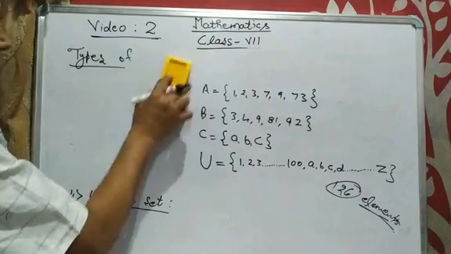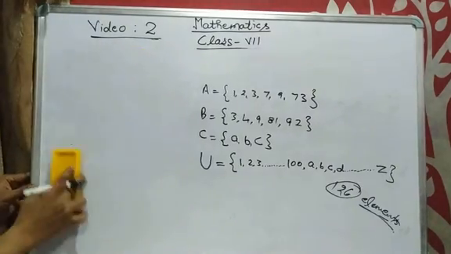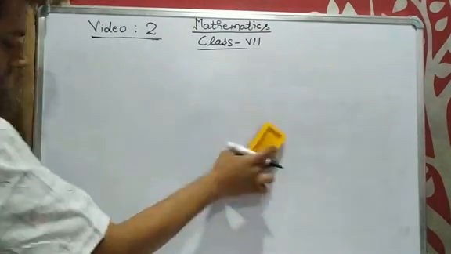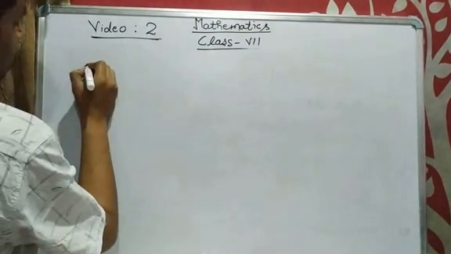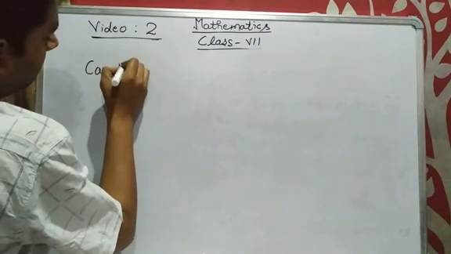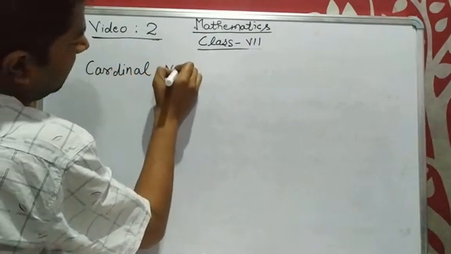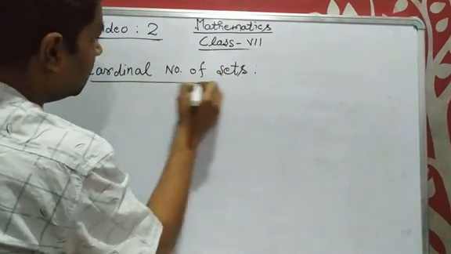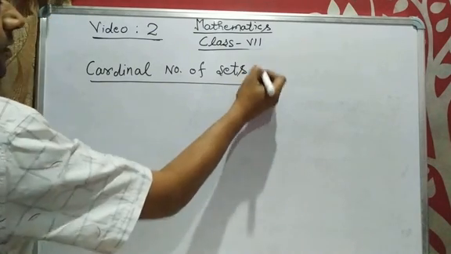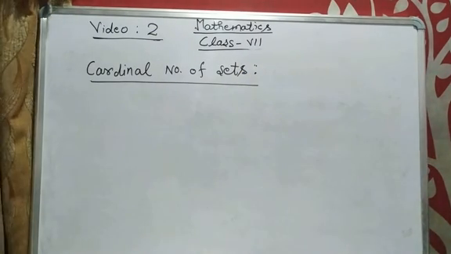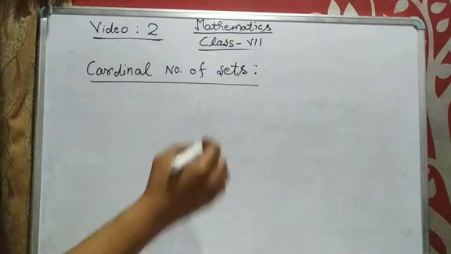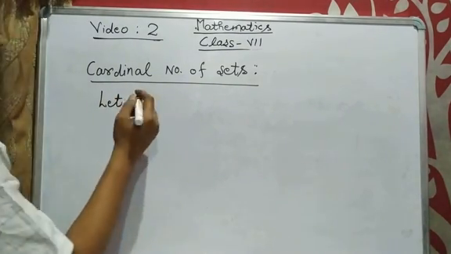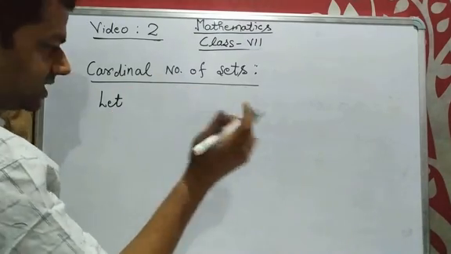Now after that, the next point we are going to discuss, which is also important, is the cardinal number of sets. Cardinal number of sets means total elements in the particular set.